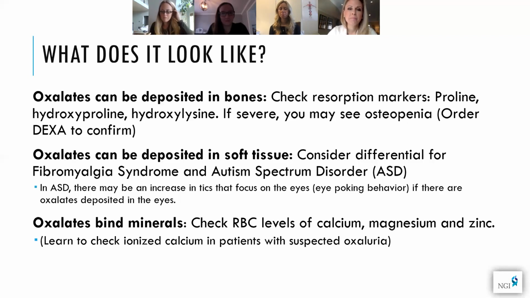There's a marker called collagen cross-linked telopeptide, and it's a urinary test. Oftentimes we use this test when patients are getting bisphosphonates or drugs that are supposed to help with osteoporosis. But you can use this urinary test to measure whether or not there is active bone destruction or active bone loss.